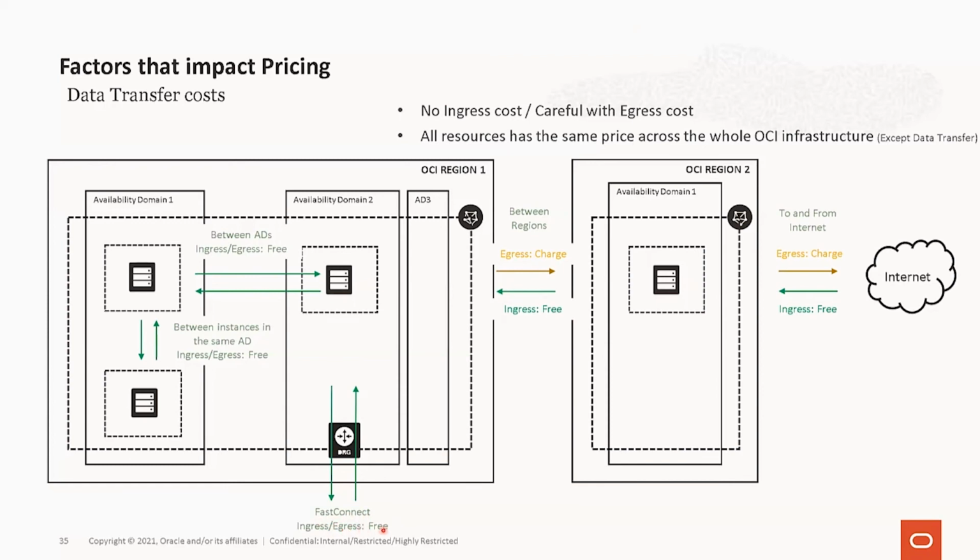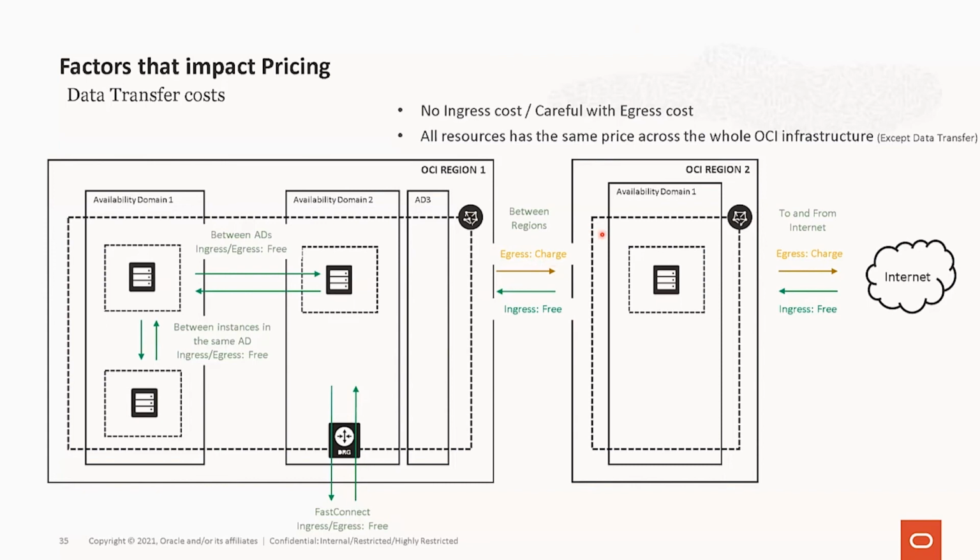It means totally free. If you plan to move data between different regions inside OCI using our backbone, basically you will see that the ingress traffic to the region is free and unlimited, and the egress traffic of the region will be charged with the price that applies to this specific region.